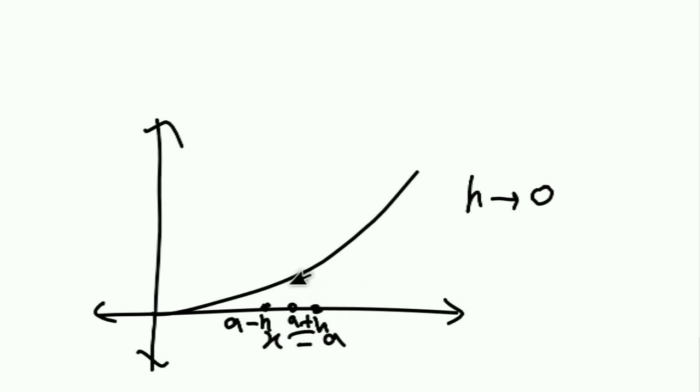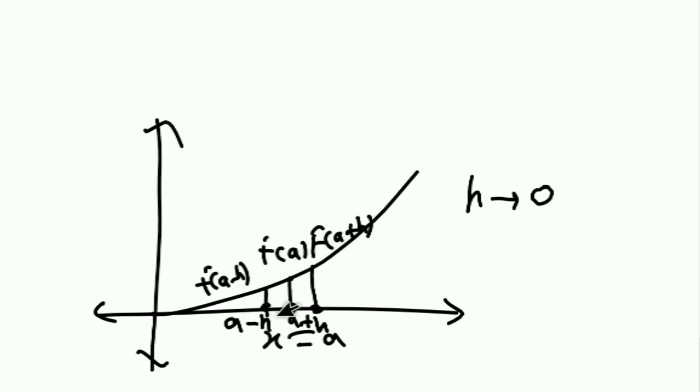So at x is equal to a, you will have function of a, at this point a plus h you will have function value as function of a plus h, and at this point a minus h you will have function value as function of a minus h.